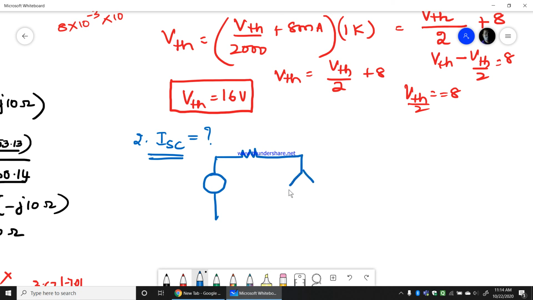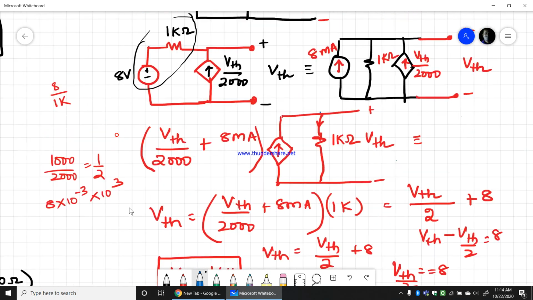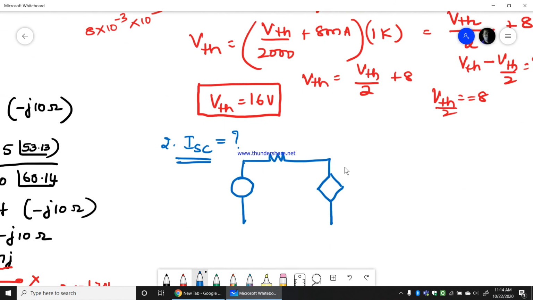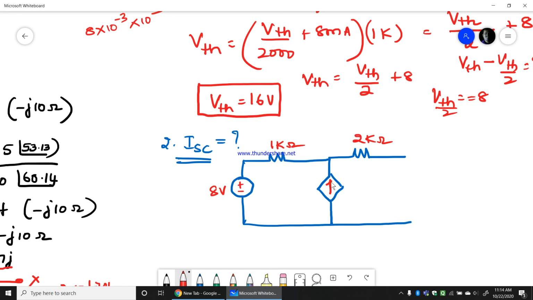We have a dependent source, right? And then in the circuit, whatever is given, we have 2 kilo ohms there. We do have a 2 kilo ohms here. So this is plus minus 8 volts. This is 1K, 2K, current source Vx by 2000.